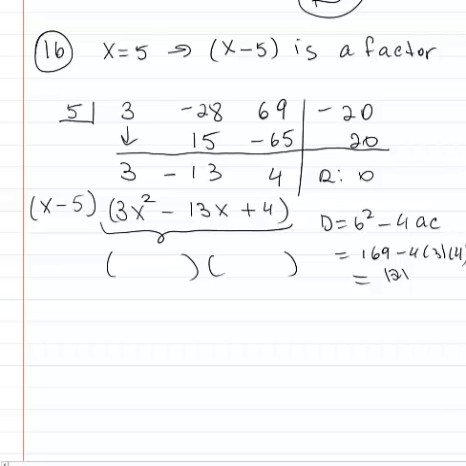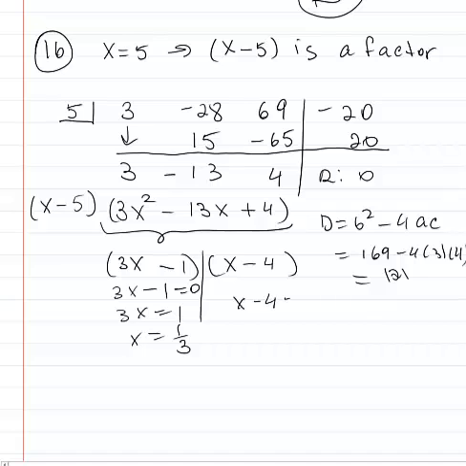So we got 3x, and we got x, and now let's say minus 4 plus 1. Oh, it should be negative, both of them negative, right? So minus 4 minus 1, that gives us minus 12 and minus 13. Perfect. Then if I set each of them equal to 0, 3x equals 1, so x equals 1/3.